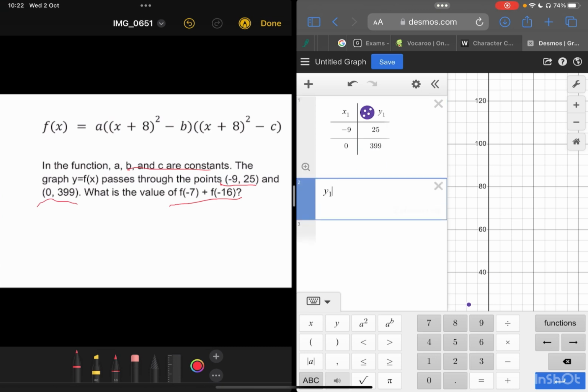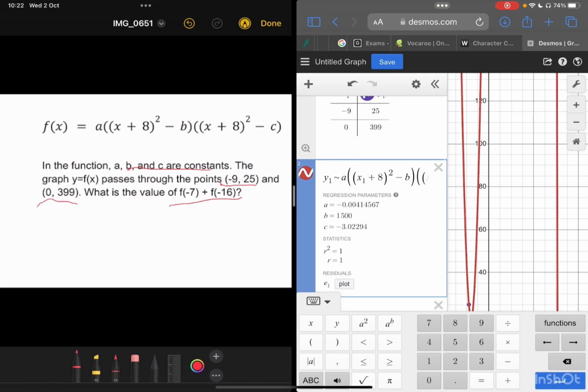We have y1 and this sign, as you remember, a times (x plus 8) squared minus b, times (x plus 8) squared minus c. Put x1 in, then we're going to enter. This one also x1. So we have this value here.